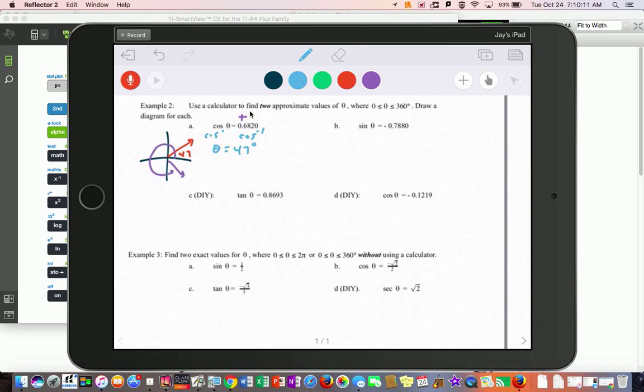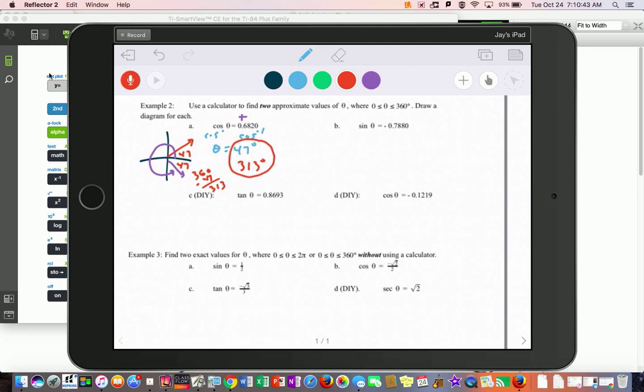So I need to know that big purple angle that starts at 0 and goes all the way around to the fourth quadrant. Well, we use the idea of reference angle, so I'm going to take that reference angle of 47 and also put it down here. And so I can take 360 minus 47, and that will give me 313. So there are my two answers.